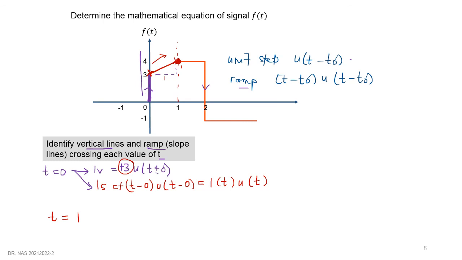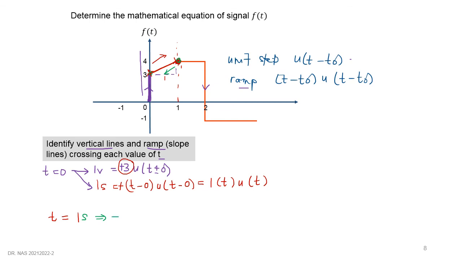From t equal to 1, this is the beginning point, and the direction to the end point is looking downward. So you only have one slope, and since it's looking downward, it's negative.